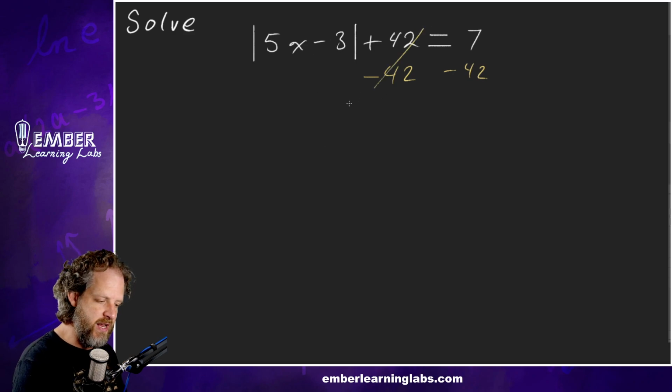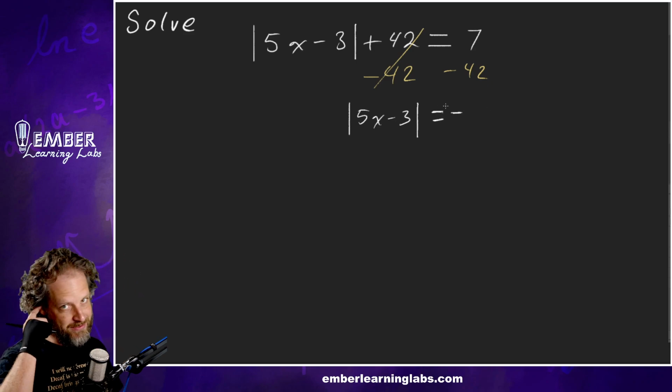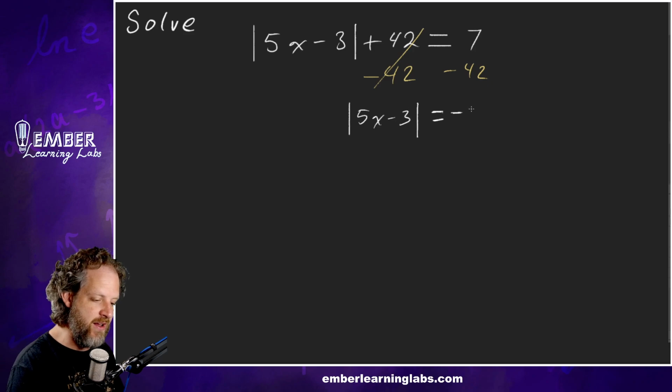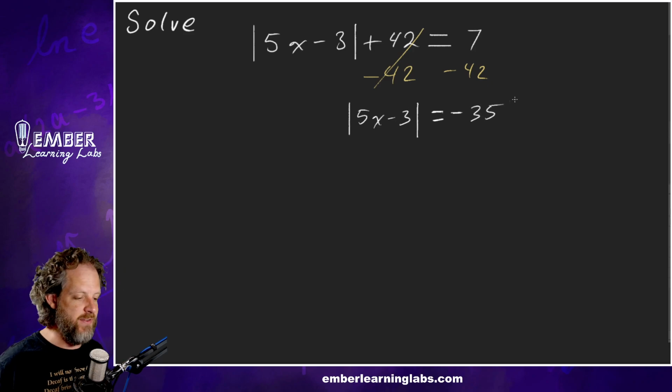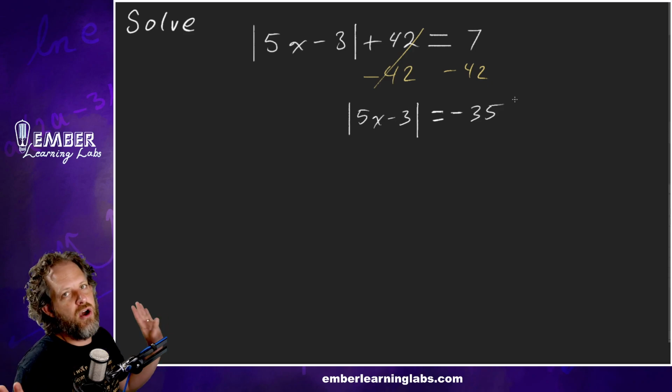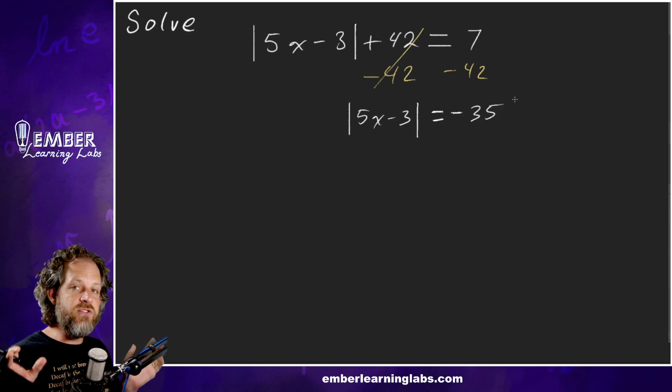Left on the left side here is the absolute value of 5x minus 3 equals negative. That should flash a clue, right? So negative 35. Now, we actually can stop right here and write the answer. We don't even have to split it in two, because the answer is no solution.